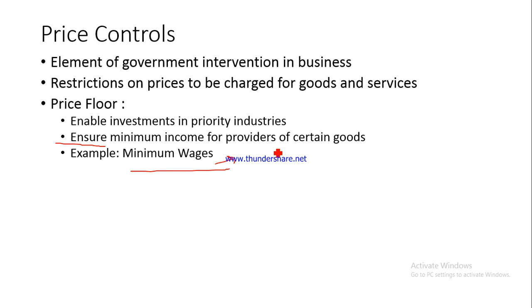So if you are making a laborer work in your fields, or construct a road, if the government agencies are making him construct a road, if you have hired him for the construction of your house, you cannot pay less than that minimum amount, the price floor which has been fixed by the government. And the objective here is to ensure minimum income for the providers of certain goods, right?